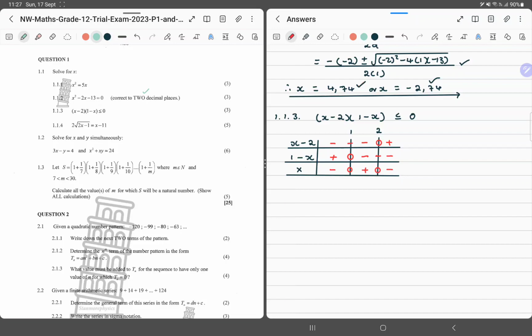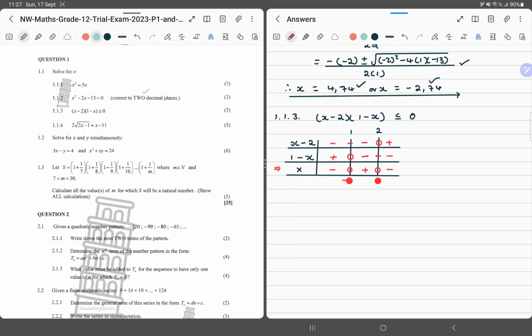Now, where are our solutions? Because this is the part that reads our solutions. We can see 0 is included. So we will place circles at the zeros. But those circles are filled in to suggest that those solutions are included.